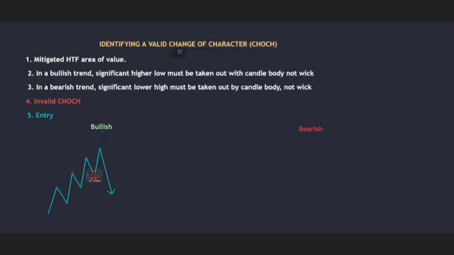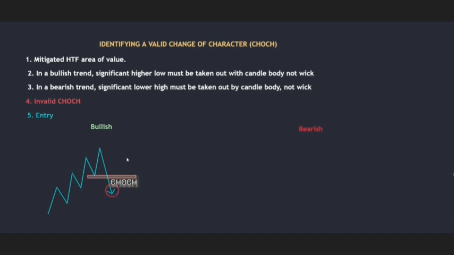Why? Because this higher low has been taken out. This is a higher low here. It has been taken out by this new price, which closed below this previous higher low. It has to close with the body of a candle, not the wick. If it is a wick, then it is invalid.